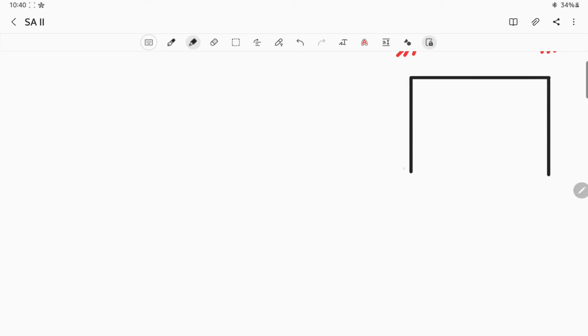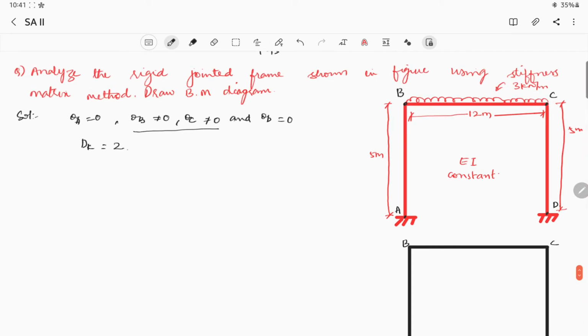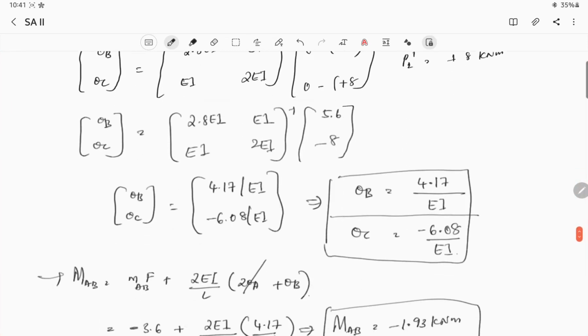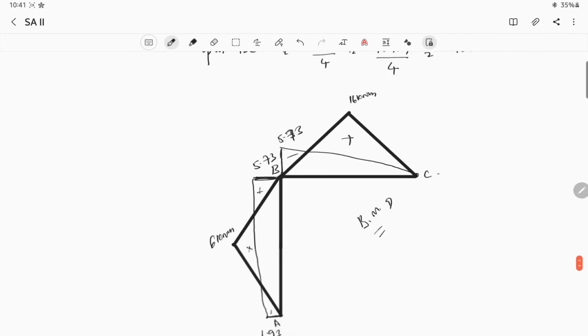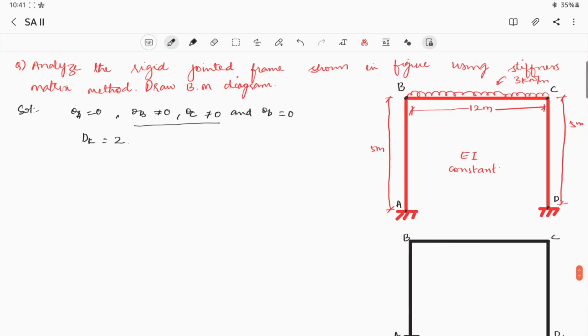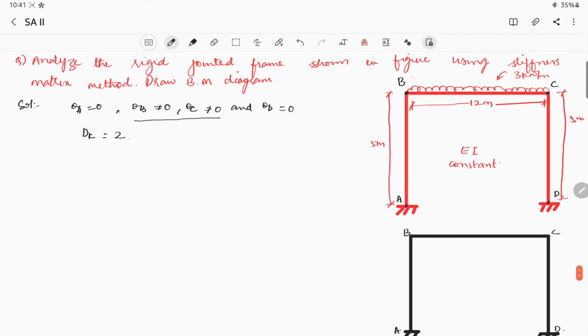This is the surface which is fixed, and the names are A, B, C and D. Since theta B is not equal to 0, I'll name this as node 1, and theta C is also not equal to 0, so I'll name this as node 2.